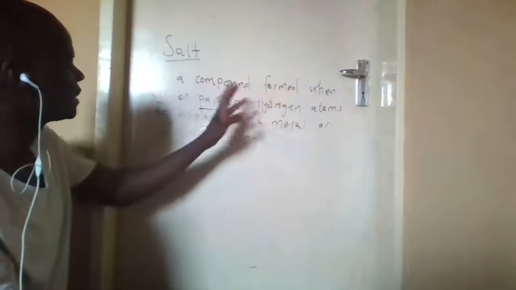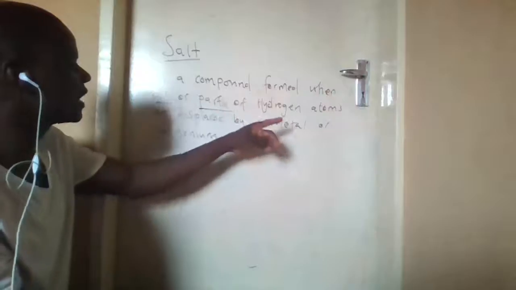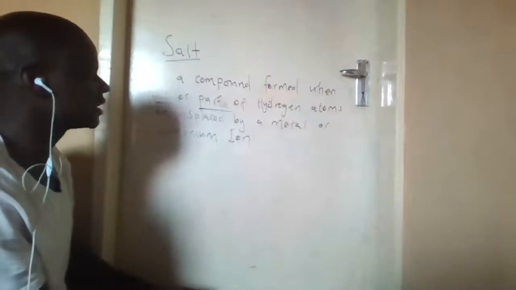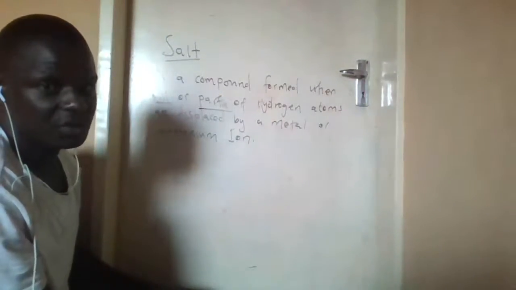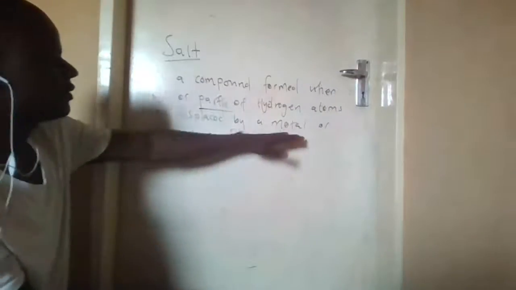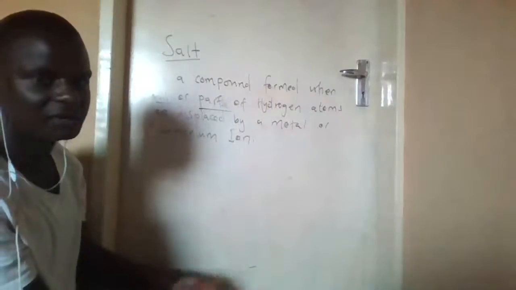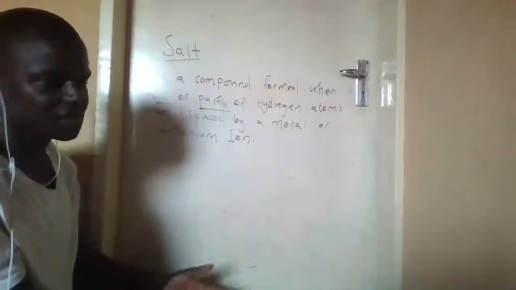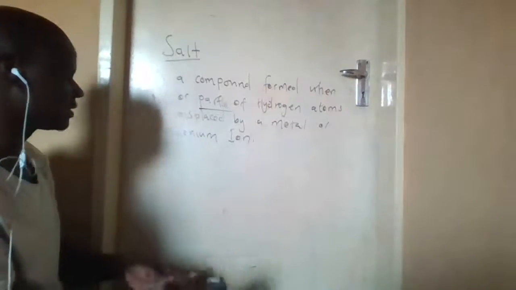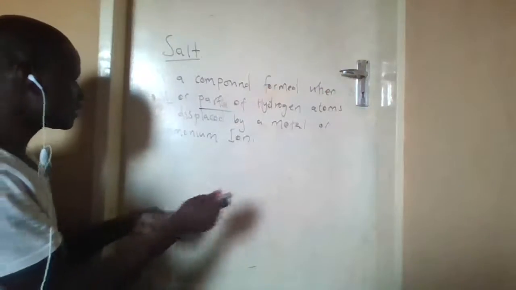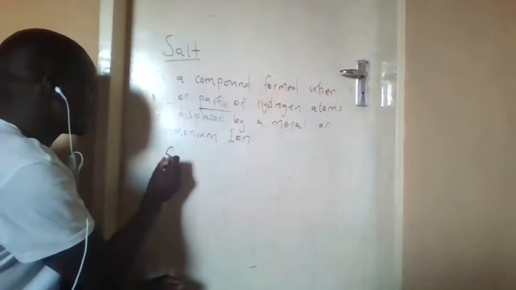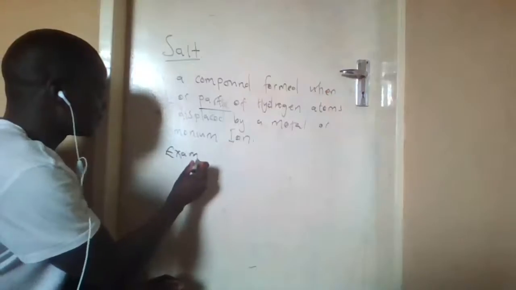A salt is a compound that is formed when all or part of the hydrogen atoms are displaced by a metal or ammonium ion. We know what metals are, such as zinc, aluminium, calcium, lead, and so forth.